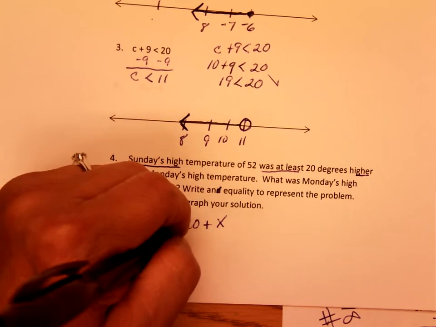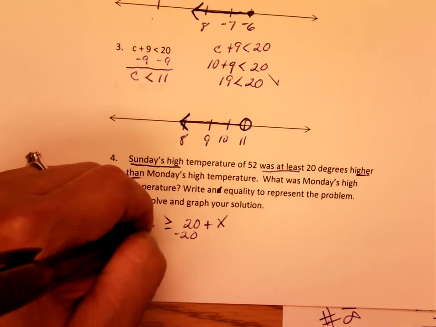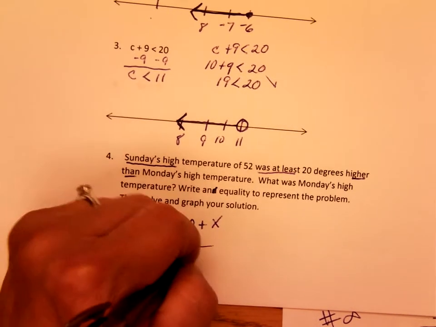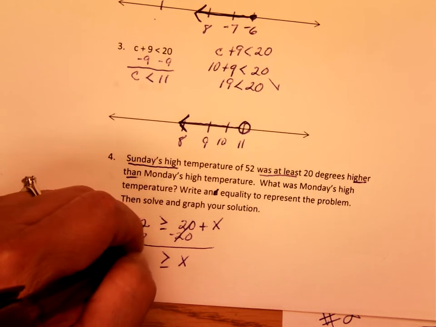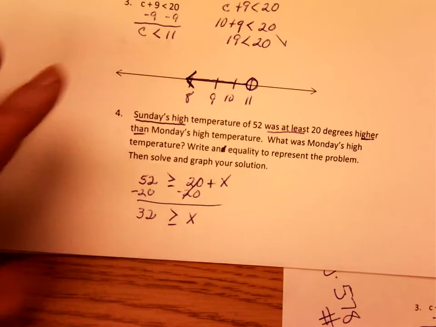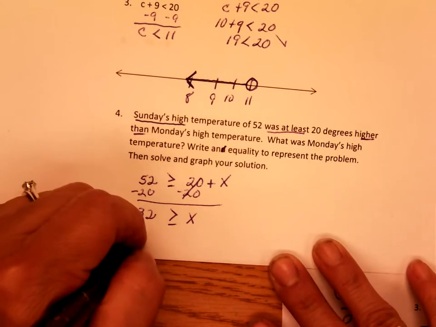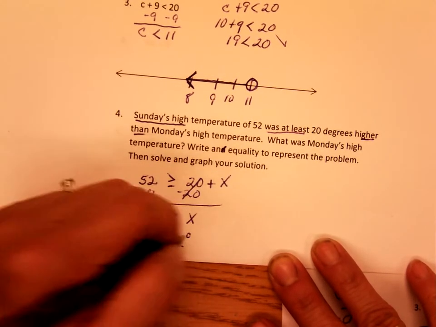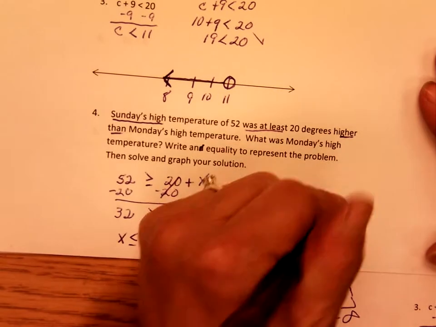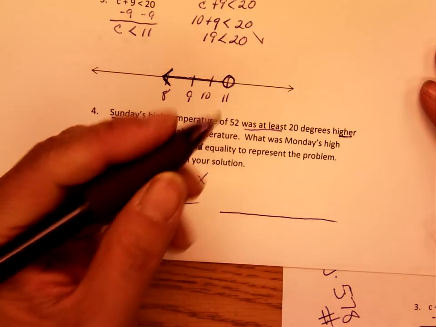You're going to subtract 20 on both sides, and you're left with x. And this would be 32. Now I personally would switch this around, so x is less than or equal to 32 degrees. Now to graph it, you have 32.